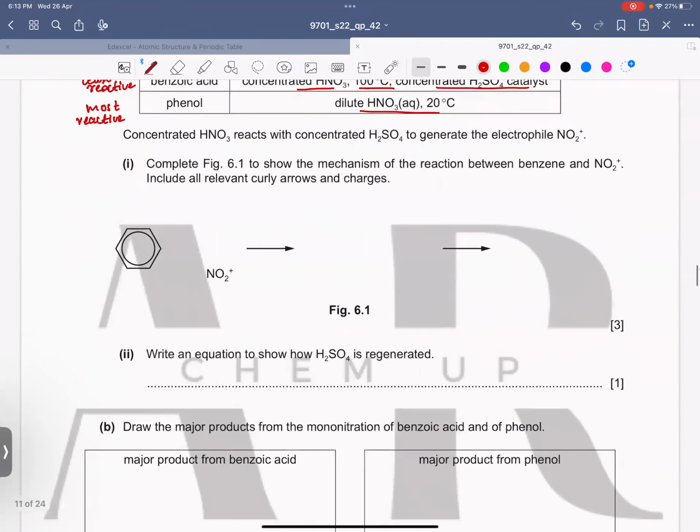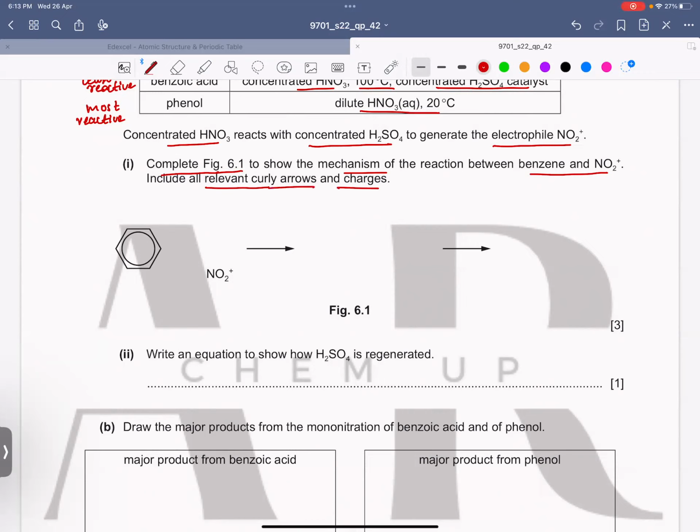Now what they are saying: concentrated nitric acid reacts with concentrated sulfuric acid to generate an electrophile, NO2 positive. Complete figure 6.1 to show the mechanism for the reaction between benzene and the nitronium ion, NO2 positive. Include all relevant curly arrows and charges.